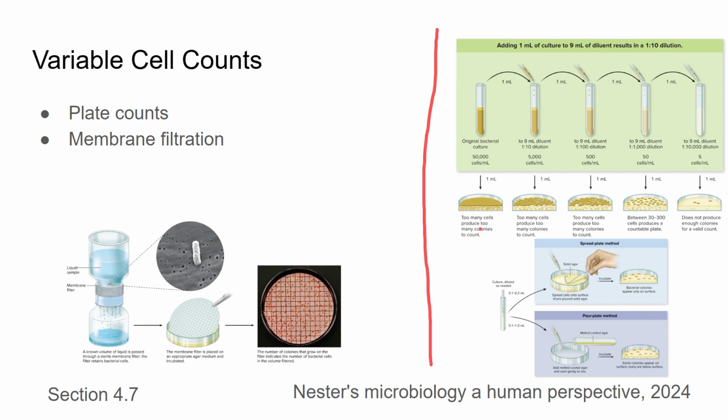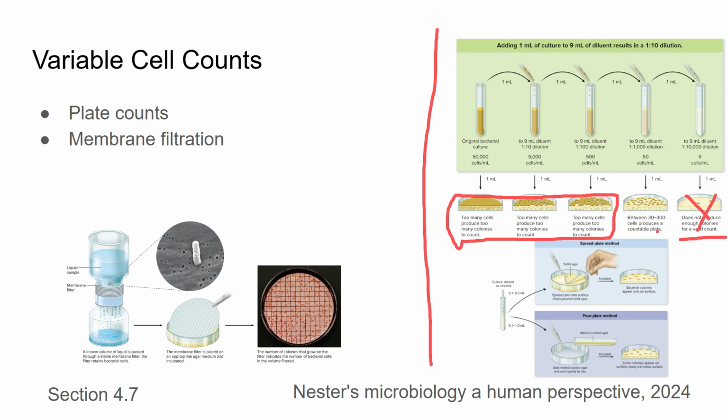Now, if you look at this example, these ones give you way too many colonies to count, so we would put TNTC, too numerous to count. It's just not happening. On the other side, if you dilute it down to 1 in 10,000, now you don't quite have enough results, so that one's not good either.